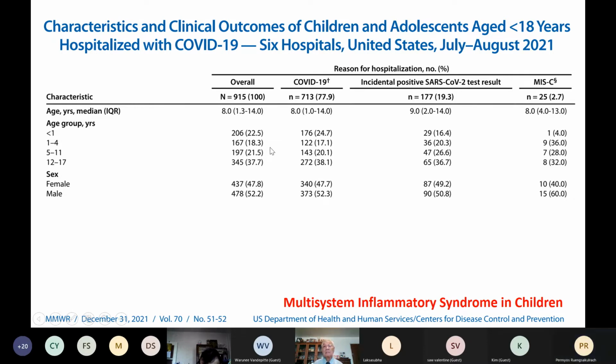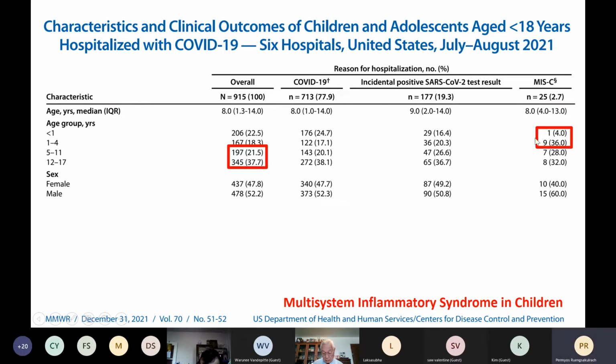Maybe 40% of patients are younger than the age at which they give the vaccine, so that may be a problem.